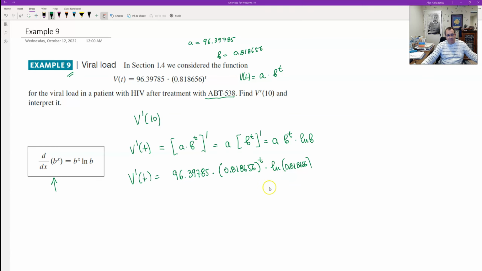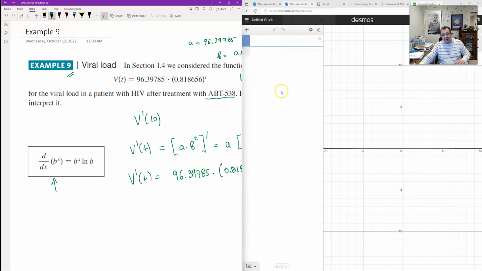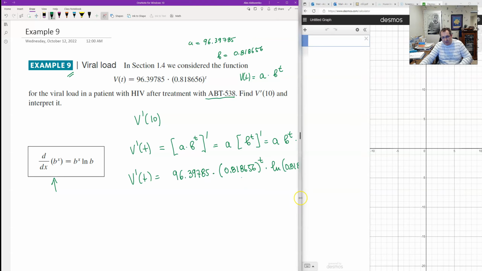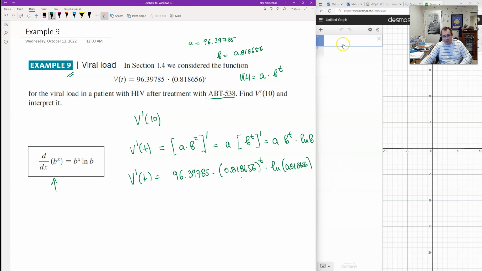Let me use computational software Desmos to put the numbers in. So what are we looking for? Let me leave a little bit more room for this notebook rather than Desmos. Let me introduce a function. Let me call it h of t, because I don't have any good ideas how to call v prime. So I'll call it h, but it is v prime.